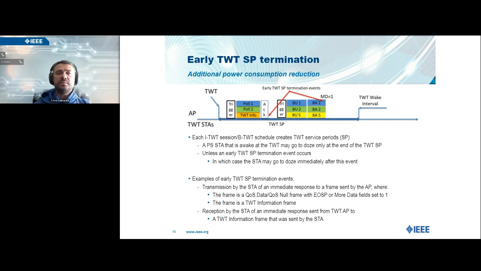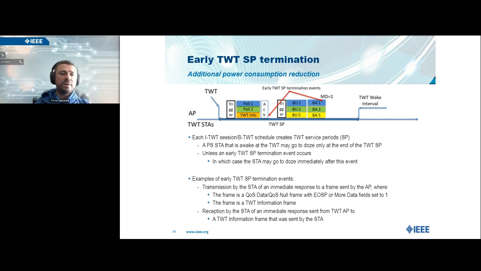So early TWT service period terminations are indications by the access point in general to the station to tell the station, okay, we're done during the service period, so you're free to go. If there is no such indication by the access point, in general, the station is required to stay awake until the end of the service period. There is one case where the early TWT service period termination can be indicated also by the station, and that is by using a TWT information frame.